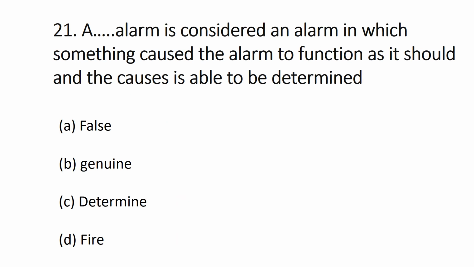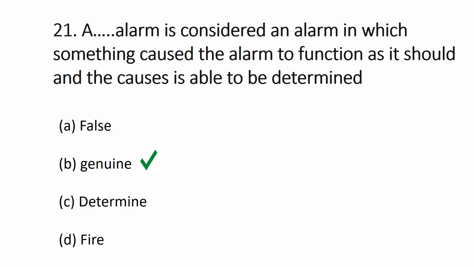Question number 21. Alarm is considered an alarm in which something caused the alarm to function as it should and the cause is able to be determined. Okay, it is very long. False alarm, genuine alarm, C. determine, and D. fire alarm.